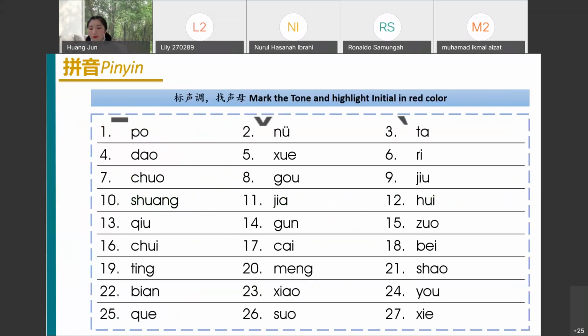So I already put the photo in our group, how to mark the tone. Finish marking, finish your exercise, highlight the initial in red color. Don't forget, you have two things to do. Okay, mark tone, step 1, highlight initial, step 2.